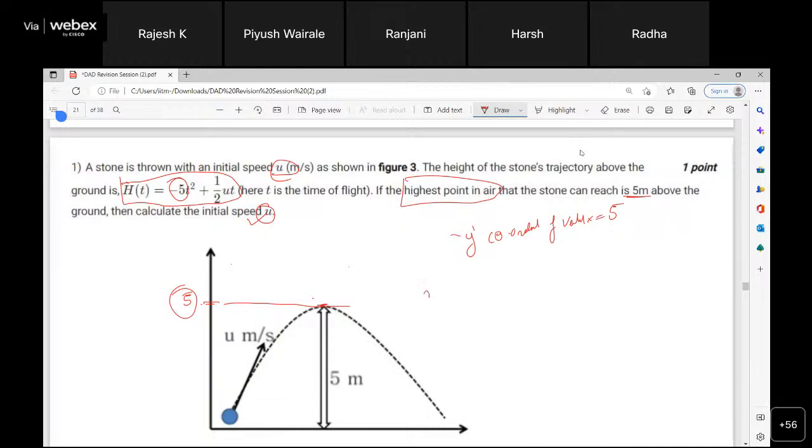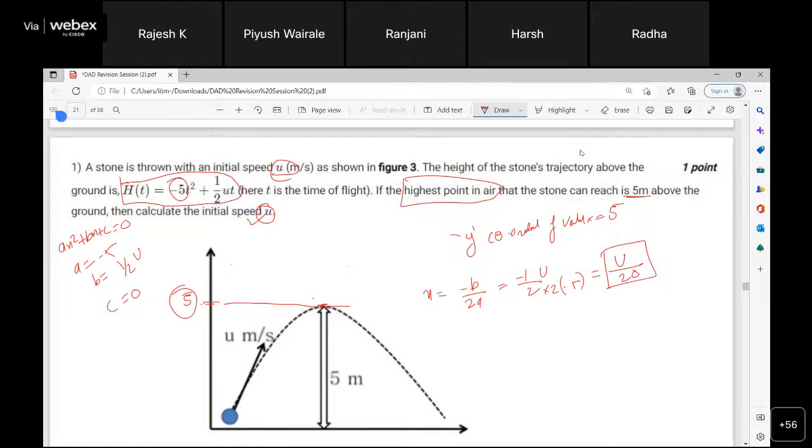So what is the x coordinate of the vertex here? It is minus b by 2a. Just compare with our standard expression. a is minus 5, b is 1 by 2u, and c is 0, right? So my x will be 1 by 2u divided by 2 into minus 5. So it will be u by 20, right? So my x coordinate is u by 20.